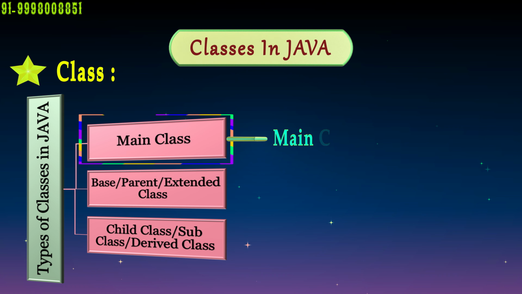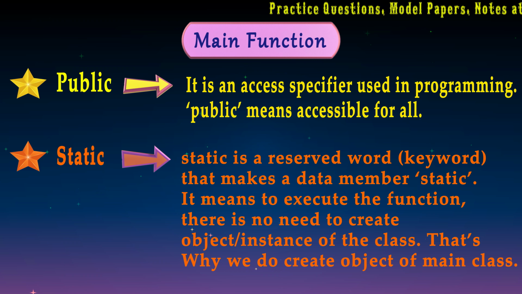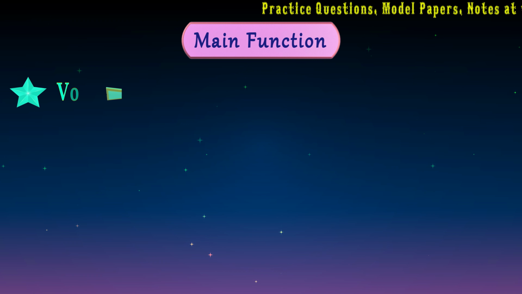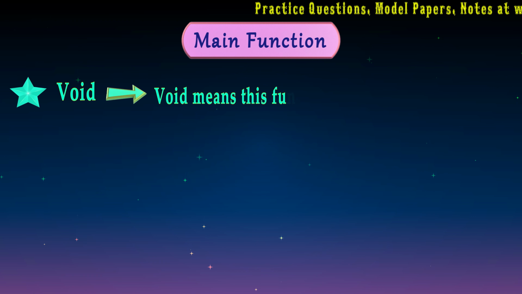Then static. Static is a keyword that is already predefined in Java. It means that we need not create the object of the main function. That is why we have used the keyword static. Then void. Void means that this particular function will not return any kind of value.